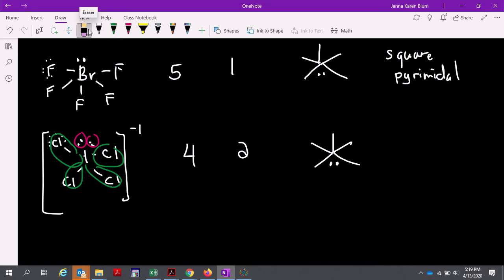And see, when I get a second lone pair, it does matter because, again, that lone pair does want to take up the most space. So it's not going to take up a 90-degree spot from the original lone pair. It's going to go opposite of the first lone pair that you put in. So we'll take the opposite of the first lone pair.